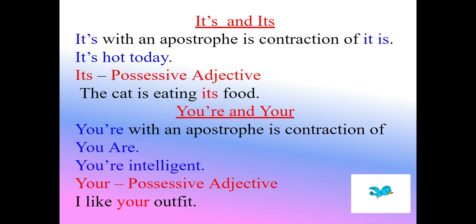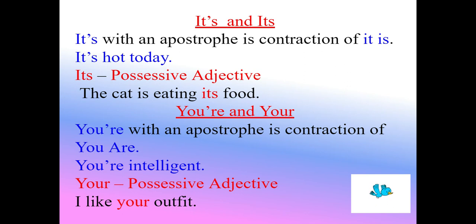It's with an apostrophe is the contraction of it is, the short form. It's hot today. And when we are talking about the possessive adjective, it's without an apostrophe. The cat is eating its food. Possessive form, na? Its own food. The cat is eating its own food.